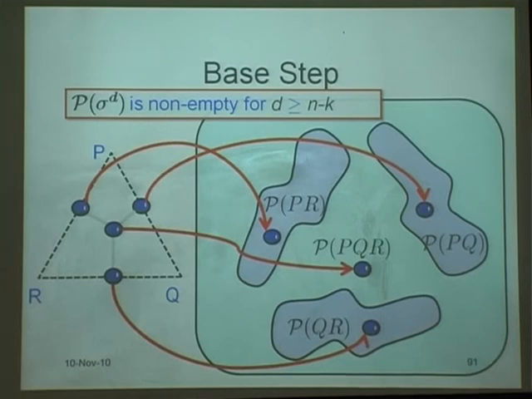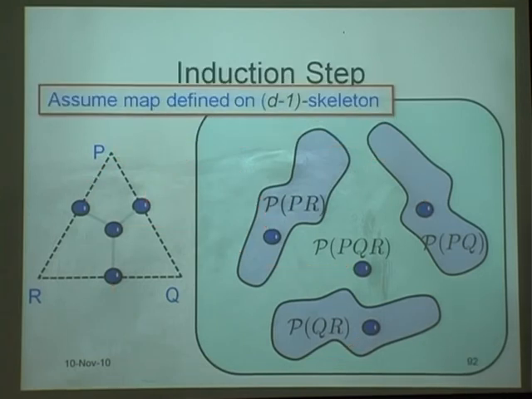So we know that each of these things is non-empty, so we can just pick an arbitrary vertex in here and map an arbitrary vertex there. So the 0-dimensional case is pretty easy. Okay, so that's the base of the induction. On the 0 skeleton, everything is nice.